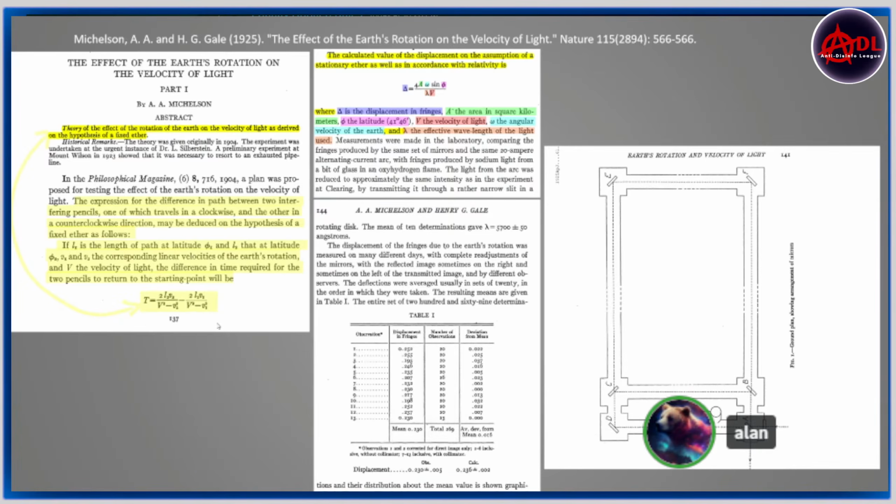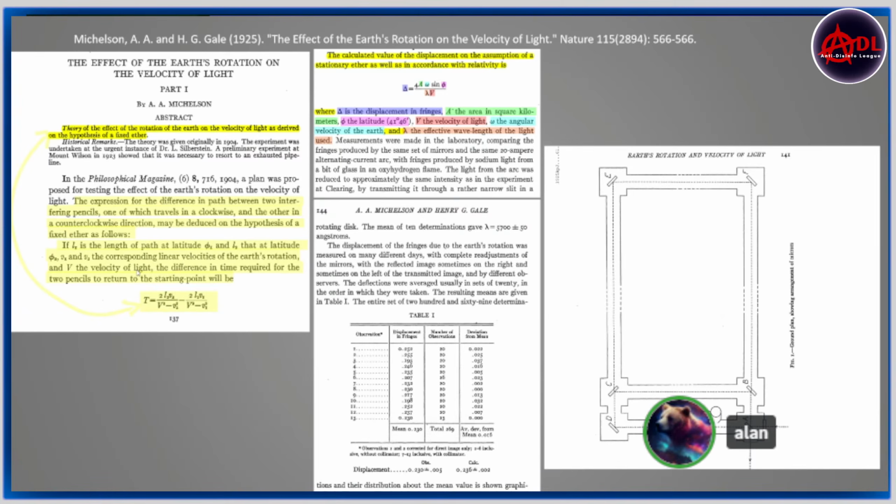So they use this experiment as evidence for heliocentrism, saying that this is verification of Earth rotation, even though this apparatus is exactly the same as the Michelson-Morley apparatus. I'll get into how all these interferometer experiments are essentially the same towards the end.